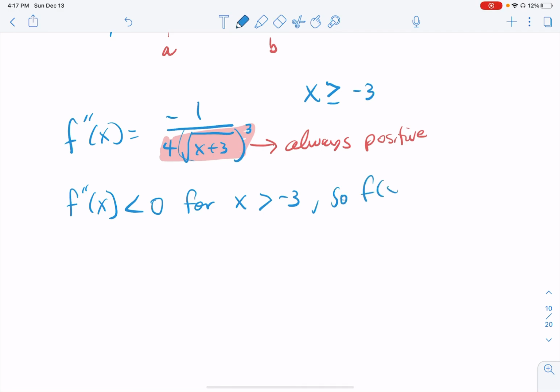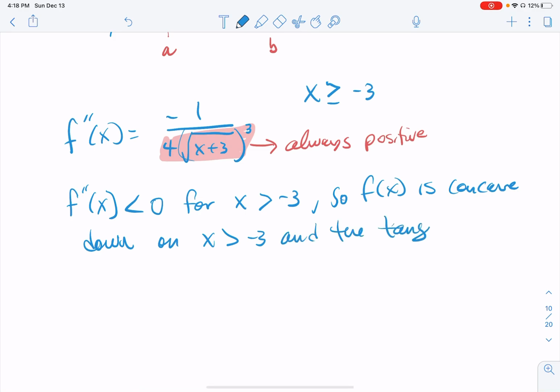So f of x is concave down on the interval from -3 to infinity. So I can just say on x is greater than -3, and the tangent line over approximates the value of the function.